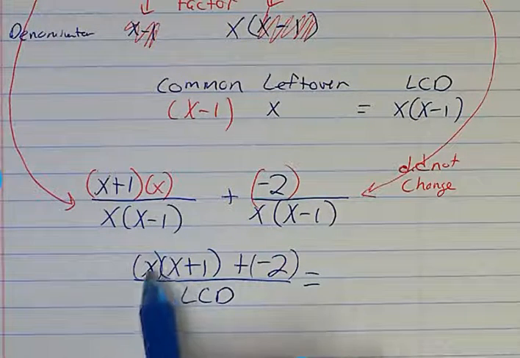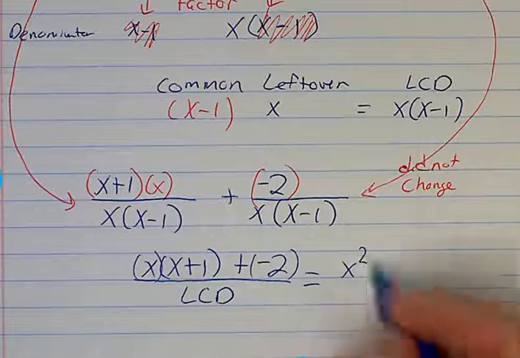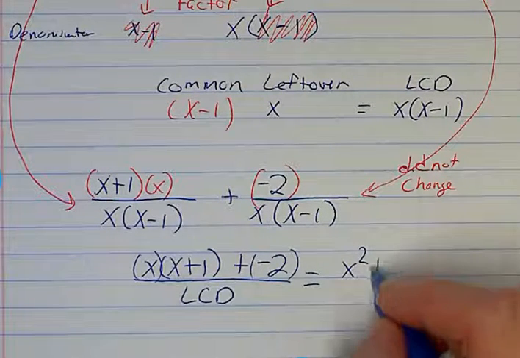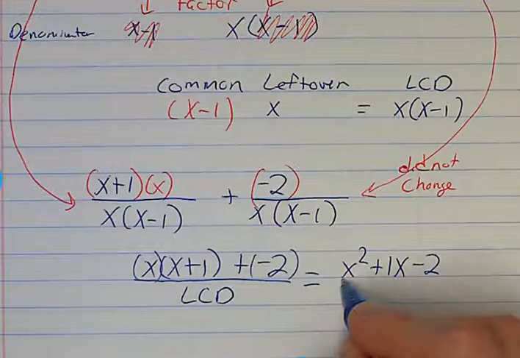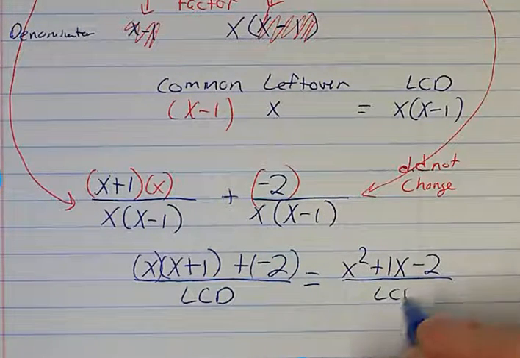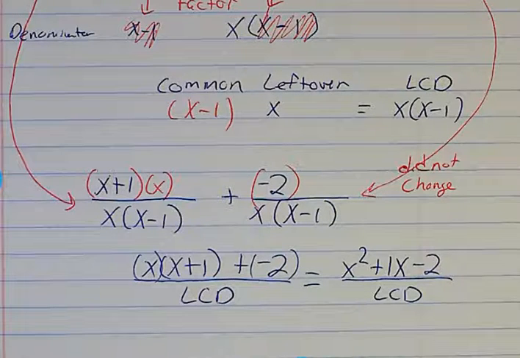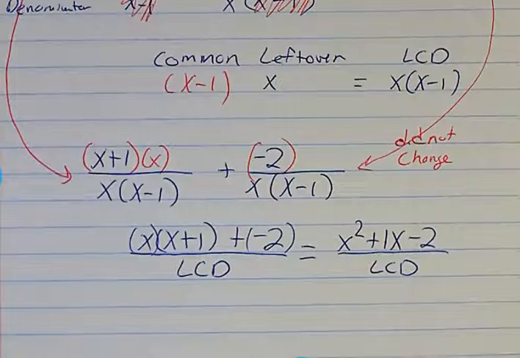So when you do that, you've got x times x for x squared, x times 1 for a 1x, and if you do a plus negative 2, that's just the same thing as a minus 2. And again, don't write anything down and just put LCD because we're not worried about the bottom part just yet. We're still cleaning up the top part.